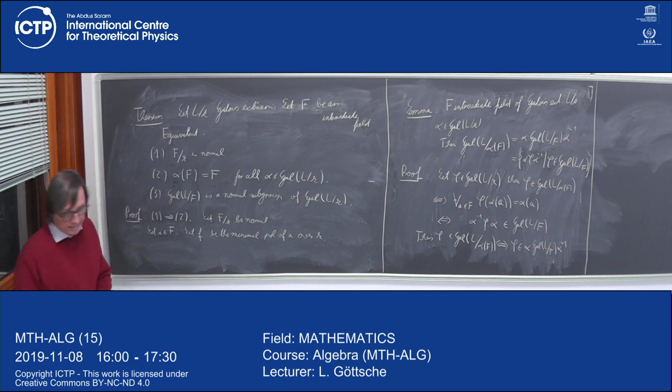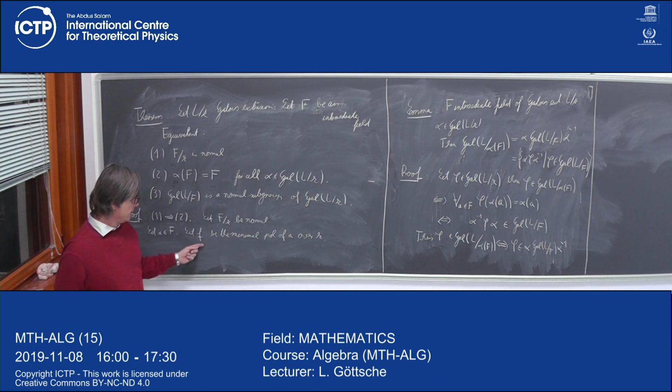As this is a normal extension, we know that this f is an irreducible polynomial over K, which has a zero in F. So it splits over F into linear factors.